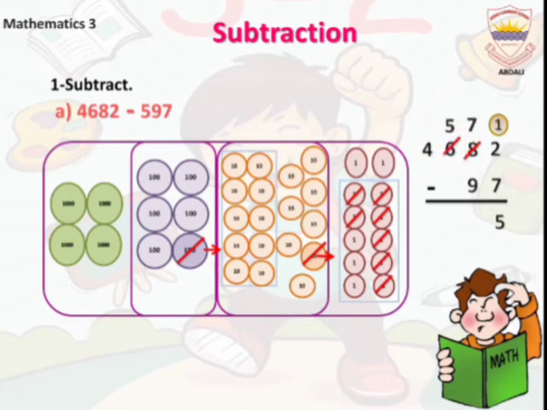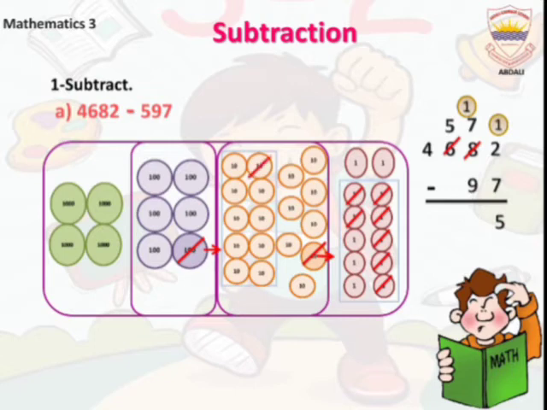Now when we borrow 1 from 6, we get at tens place the number 17. Now we subtract 9 from 17.